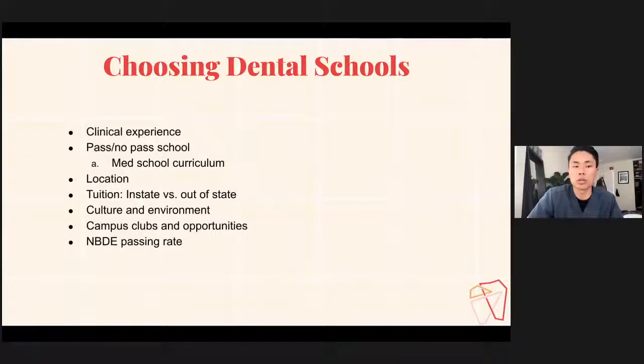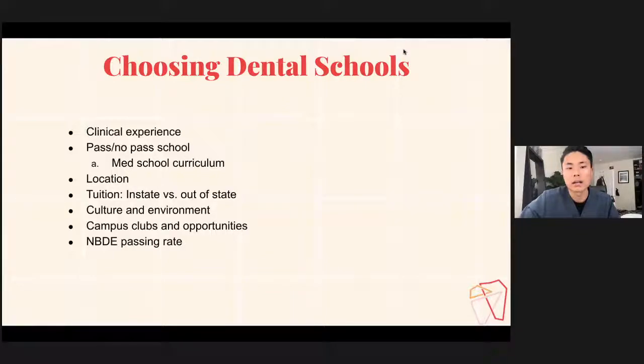Also, on your interview day, you really want to look at how much exposure each dental student gets, how they get their patients, and what scope of work they do as a general dentist or general pre-doc student.